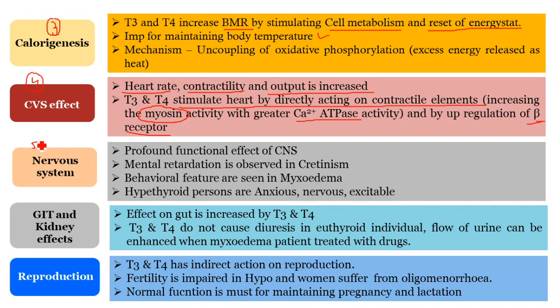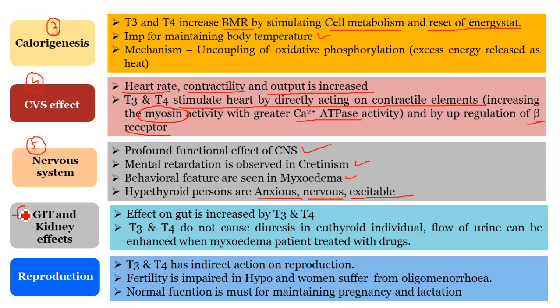Then the fifth major action is related to the nervous system; it has a profound functional effect on the CNS. Mental retardation is observed in cretinism, while behavioral features are also seen in myxedema. A hyperthyroid person is also anxious in nature, nervous as well as excitable.